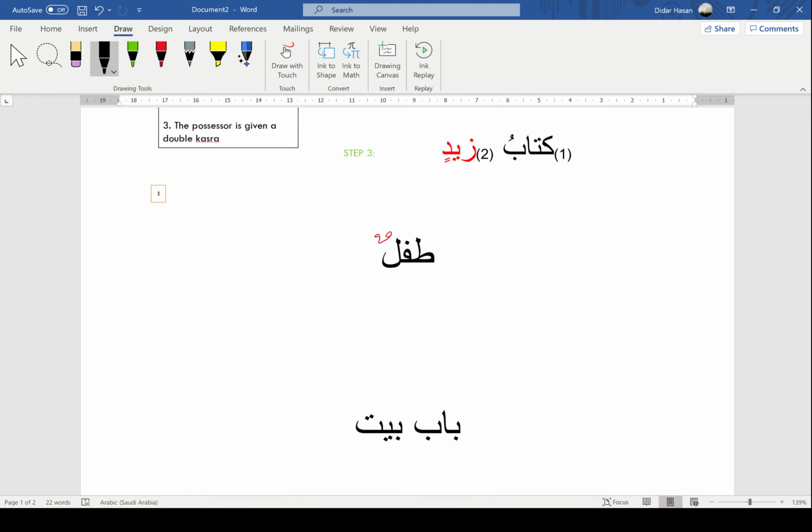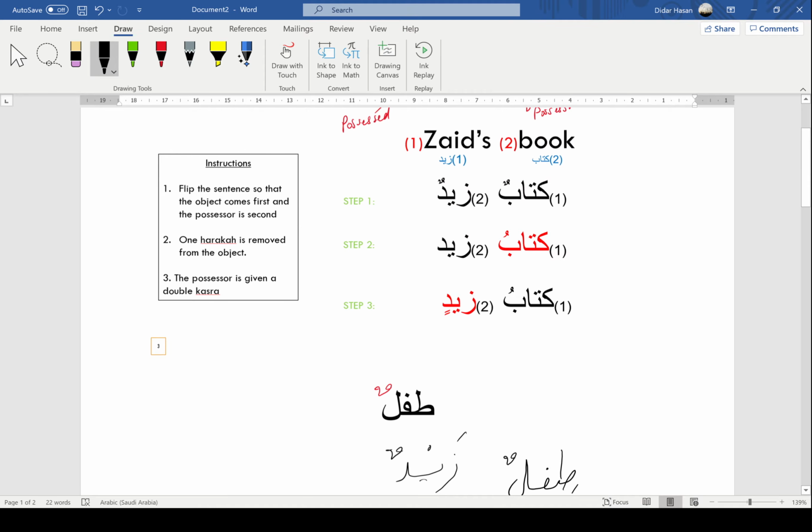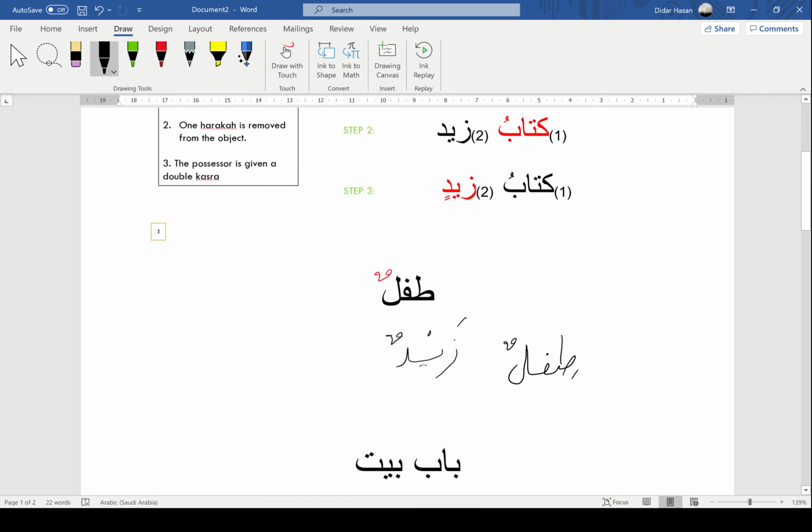So here I'll write tiflun, and the possessor, Zaydun. Now the rule was the mudaf gets one dhamma, so I'm going to remove the double dhamma and replace it with one dhamma, tiflu.